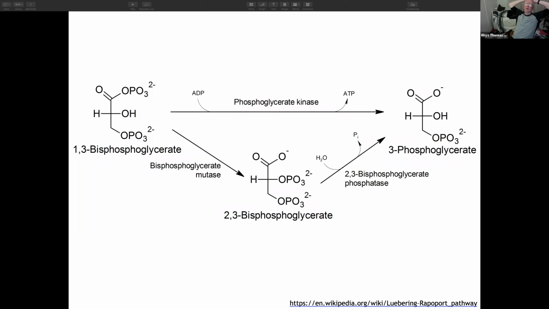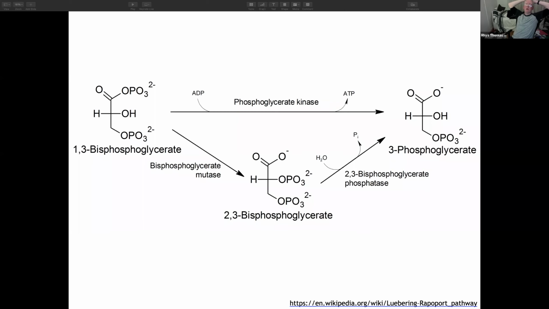And so, of course, as anaesthetists, we're interested in its effect on the hemoglobin dissociation curve. This pathway is found predominantly in erythrocytes. The interesting thing about it is that it's what's called a futile cycle.